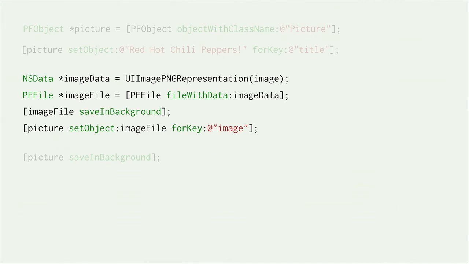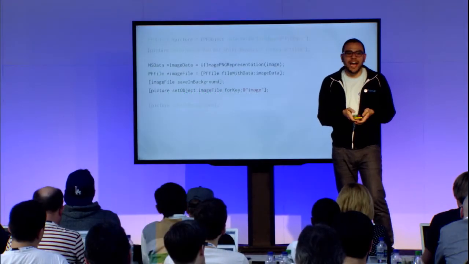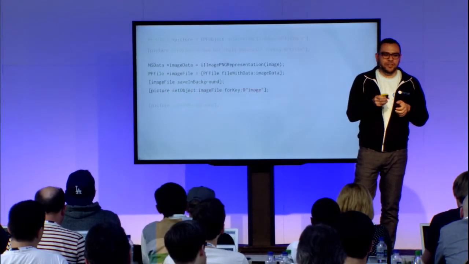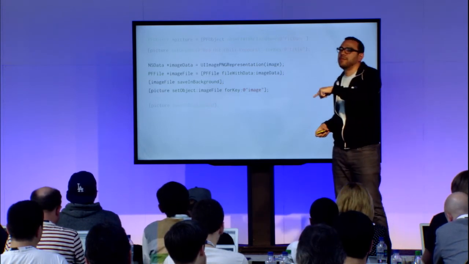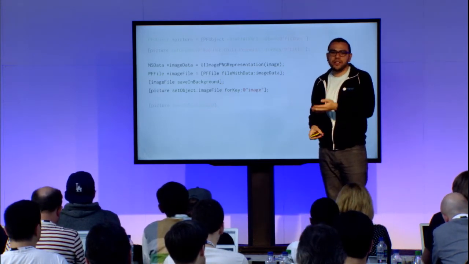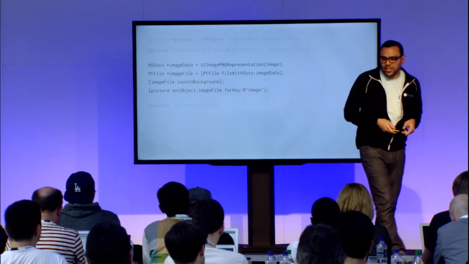This is great for user experience. Let's say, for example, in the case of Instagram, if you're taking a photo, you might want to start uploading that photo right away, and then once the user actually types the caption or adds the filter and hits publish, that's when you save the object. And the data is already there. You don't need to wait for that upload to finish.